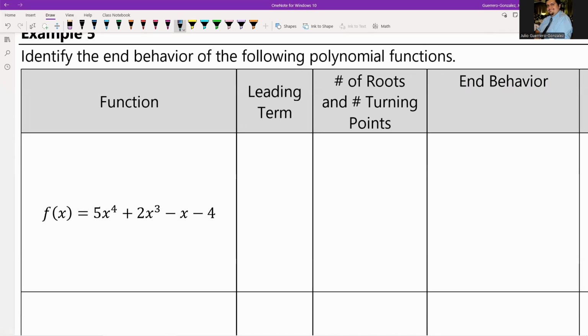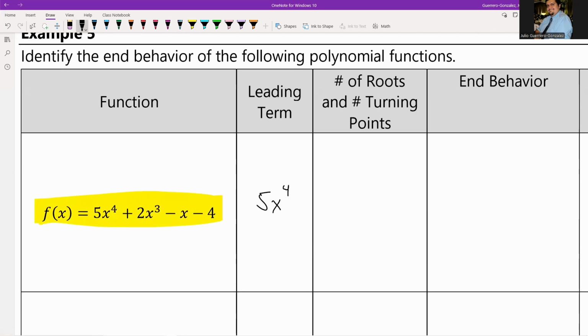So what I want to do in this example is show you what I mean by the theorem above, that the leading term describes everything. Let's start off with this function right here. The leading term is 5x to the fourth.